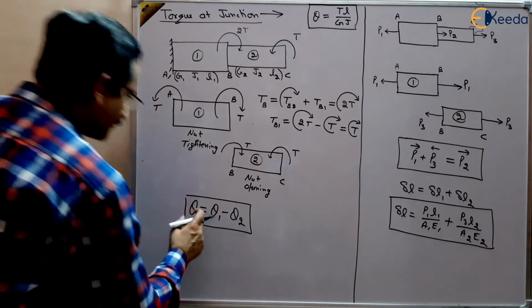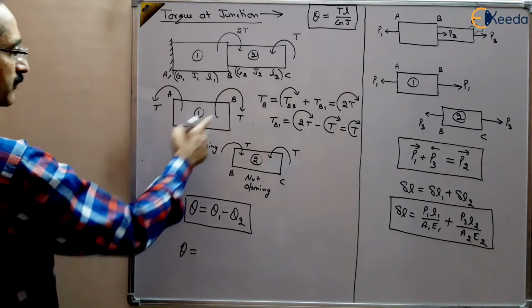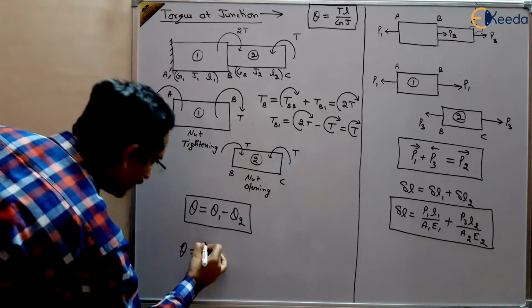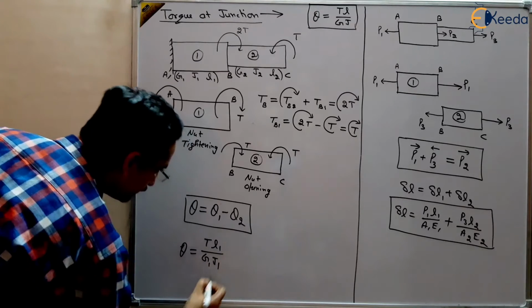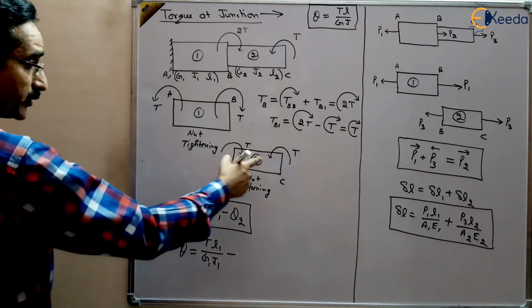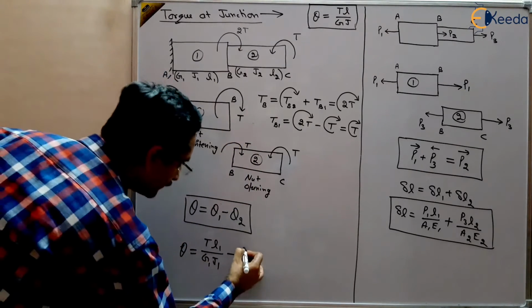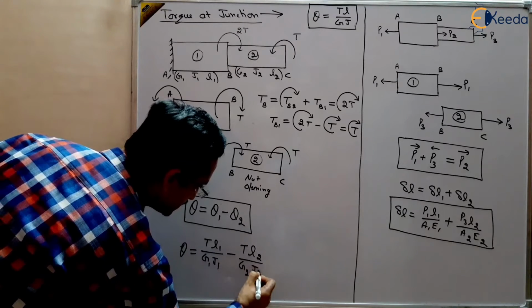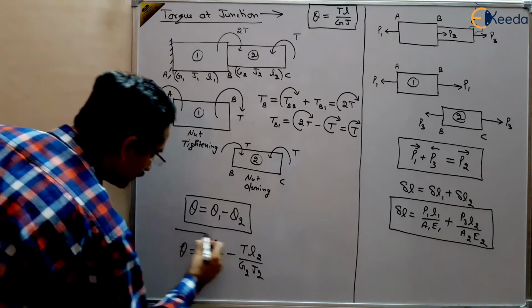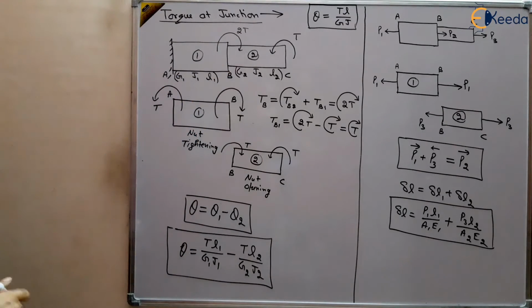And what we can write is theta will be equal to theta 1, positive torque is applied, so we will write TL upon GJ, minus because it is negative, torque is the same, magnitude is the same, TL upon GJ. So this is the total angle of twist for this case, right?